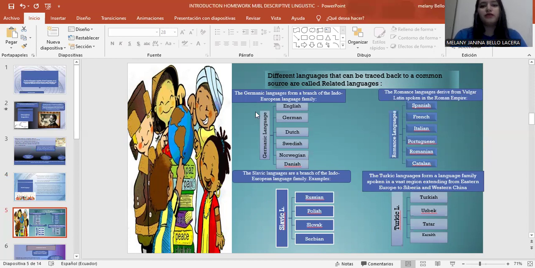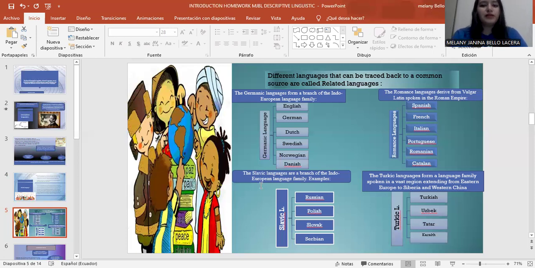So in the Germanic languages, we have English, German, Dutch, Swedish, Norwegian, and Danish. The Romance languages derive or originate from Vulgar Latin spoken in the Roman Empire. We have Spanish, French, Italian, Portuguese, Romanian, and Catalan.